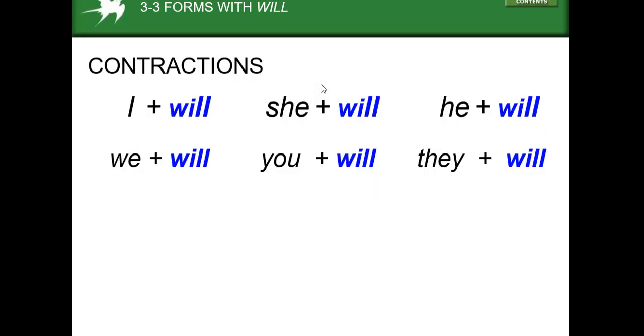Okay? So the contractions. How do you contract I plus will? In this way: I'll. You pronounce it this way. I'll. Practice, please. Next. How do you contract she plus will? She'll.